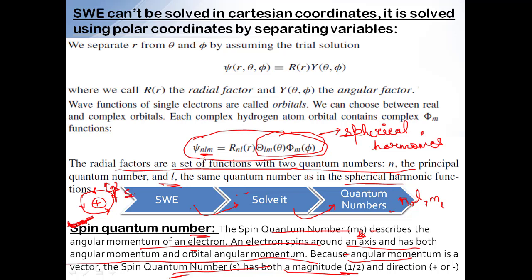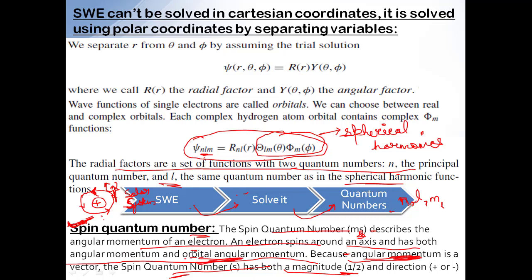This is like a solar system, like Earth. Earth is rotating around its own axis and revolving around the sun. Similarly, the electron is also rotating around its own axis and it is revolving around the nucleus. So it can have both spin angular momentum and orbital angular momentum.